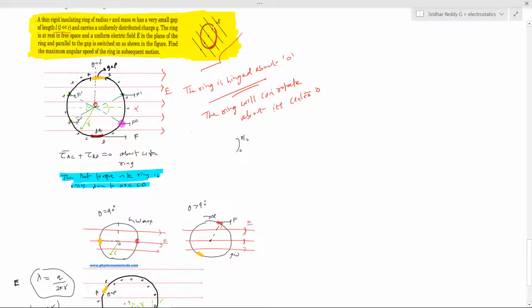This is one element. The torque by these two about O will be equal and opposite. Similarly, the torque by these two about point O will be equal and opposite.